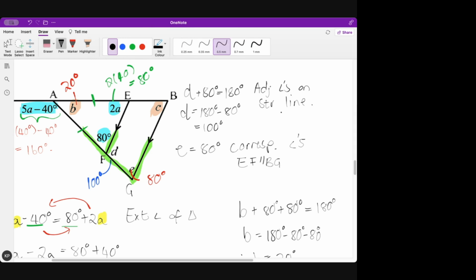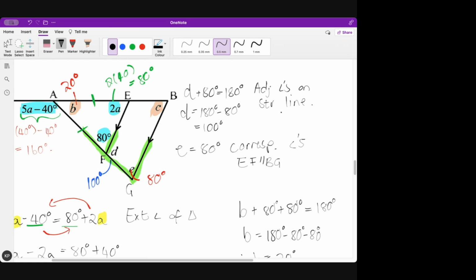I can see a few ways to get there. Anyone? Look where C is. We can do a triangle again. Or what? What's the other way we can find C?